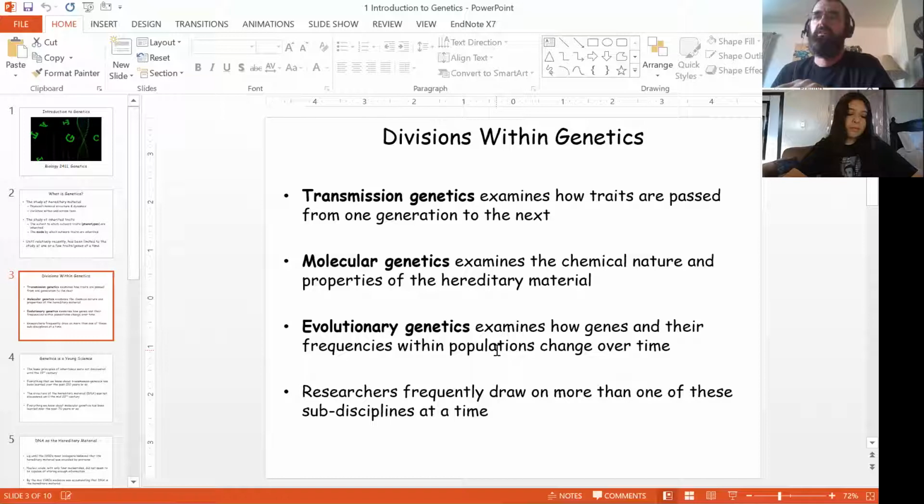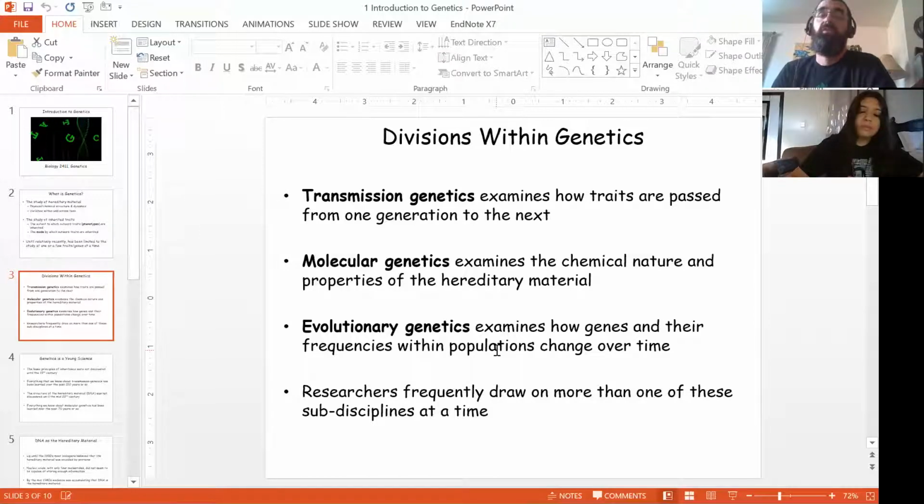Evolutionary genetics can kind of span population genetics, I guess. You could have a bit of an argument with a population geneticist about that if you wish. But really, what we're talking about with evolutionary genetics are populations and time, right? Which is not really something that's considered in transmission and molecular genetics, right?